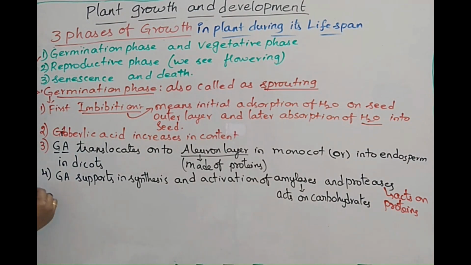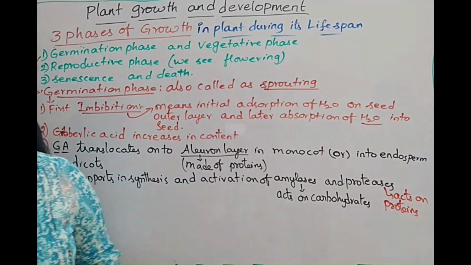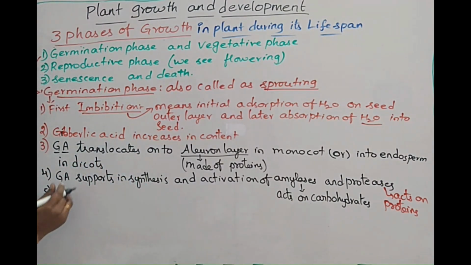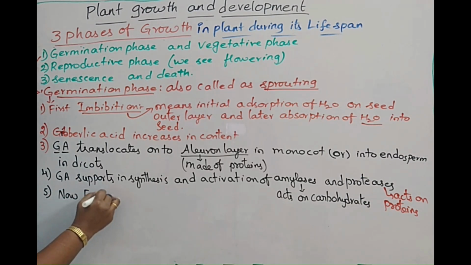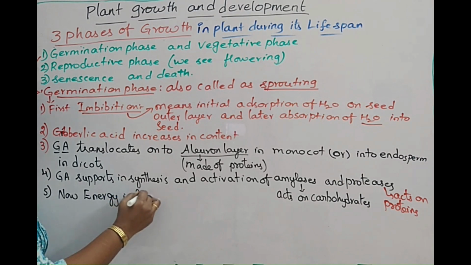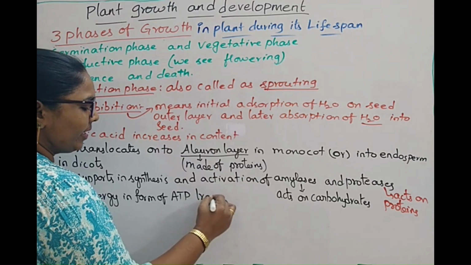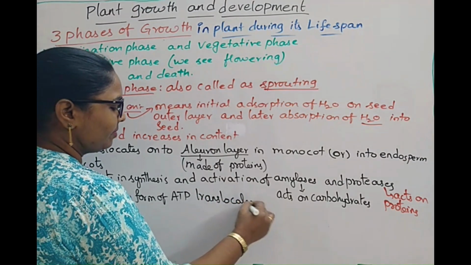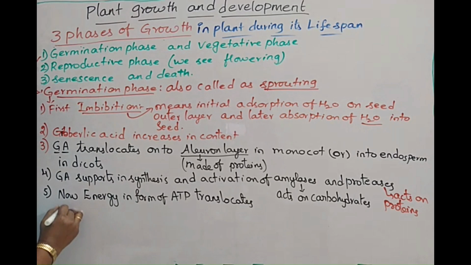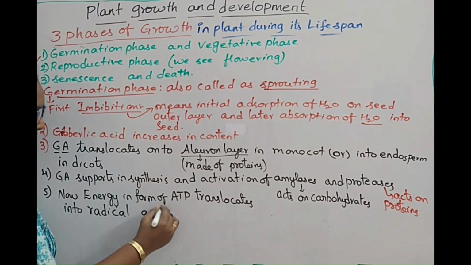Next, after releasing of the energy from carbohydrates and proteins, later that energy is translocated into radicle and plumule. Energy in form of ATP translocates into radicle and plumule.